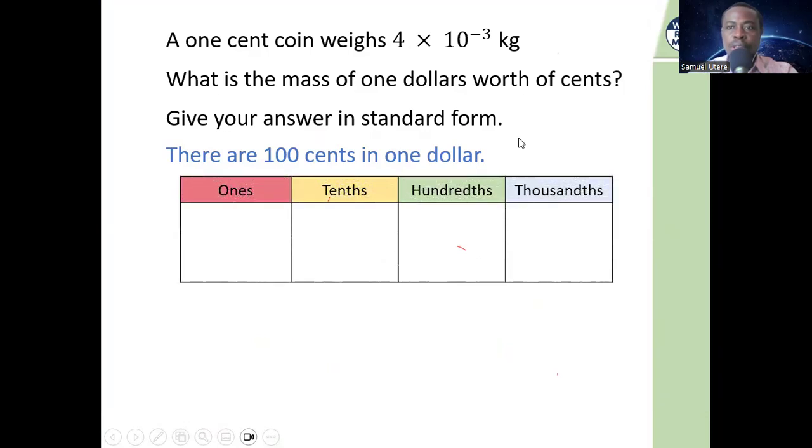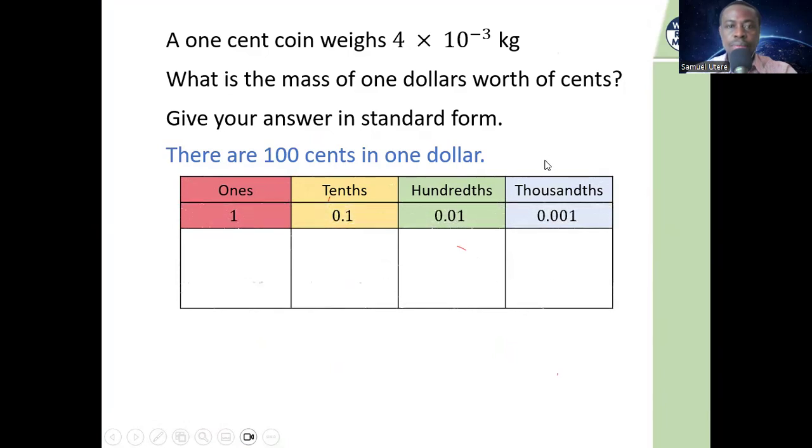It's useful to make use of our place value chart, but we're going to write standard form in the place value chart and use our counters to help us know how we move the place value as we multiply by 100. So here is what the place value chart translates to or means when we write them in numbers.